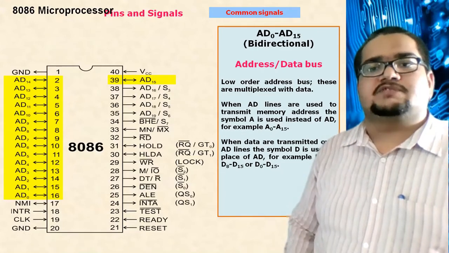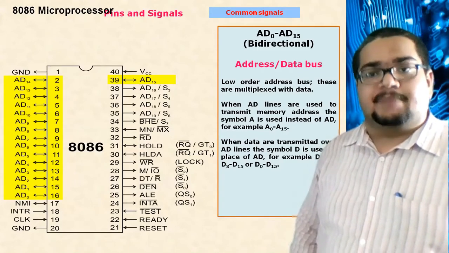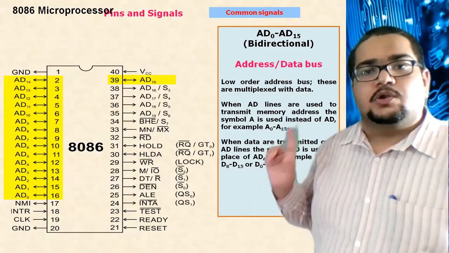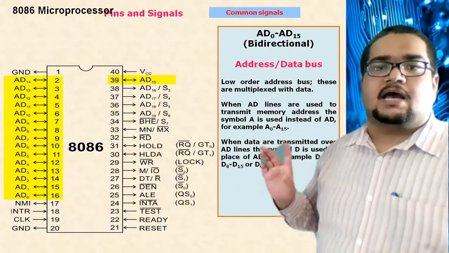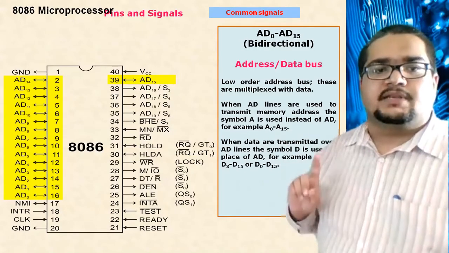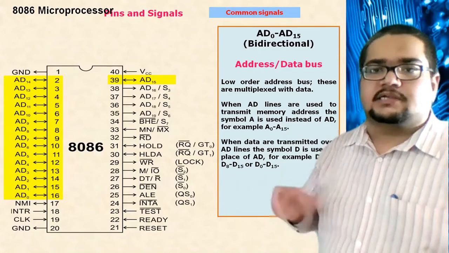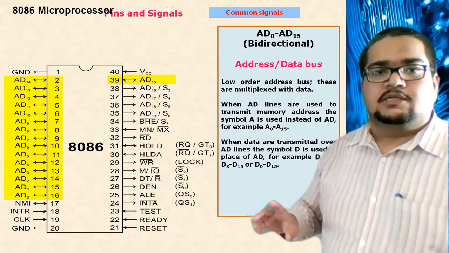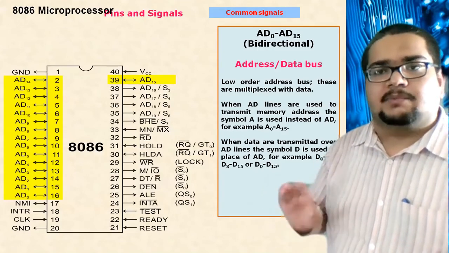So the complete data bus will be coming here, and the address bus is of 20 bits, so 20 lines are there. Out of that 20, the 16 lower lines of the address bus, that is A0 till A15, are these particular lines, pin numbers 16 down to 2 and 39. So these 16 lines are called the bidirectional address and data bus.